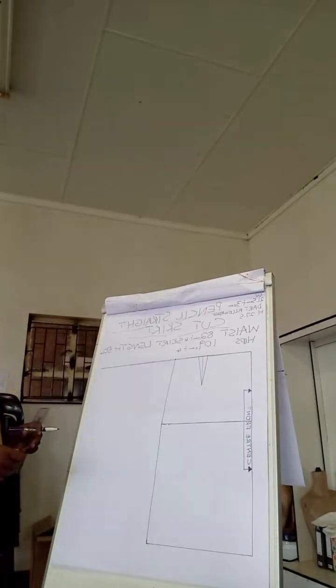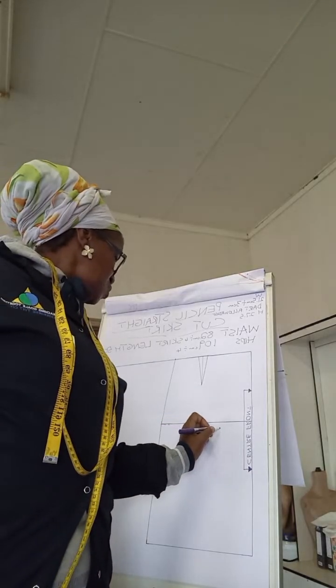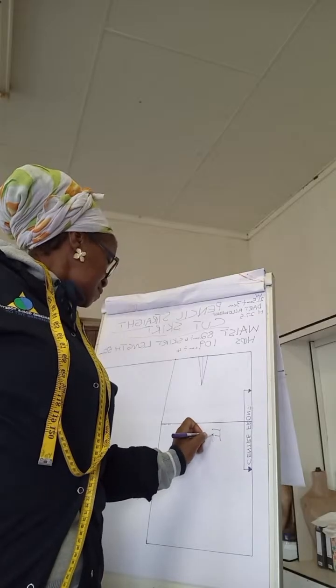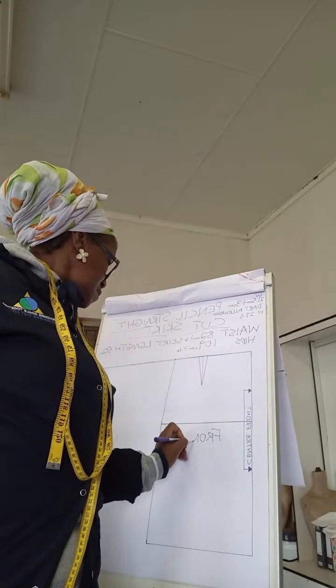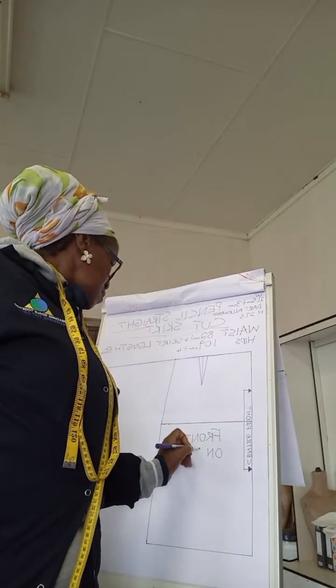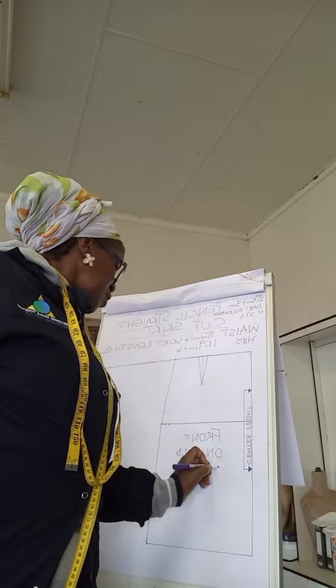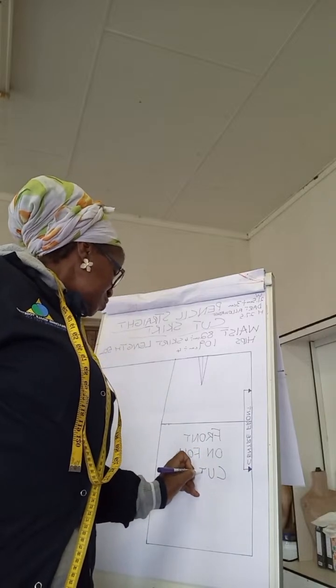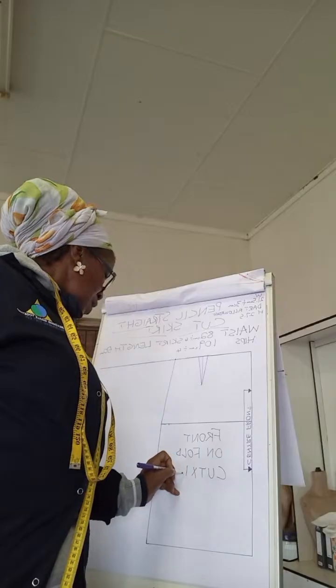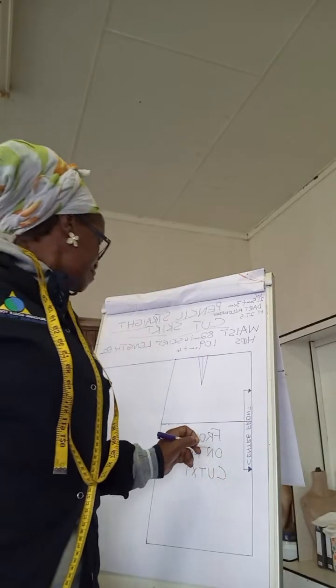All right. This is your center front. So the front is on fold. Front, on fold, and then you write cut times 1, because you're going to cut times 1, on fold again.